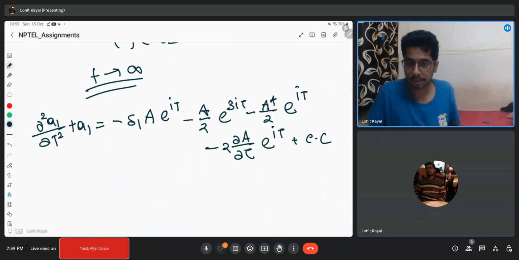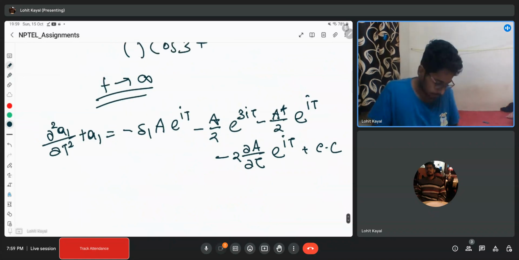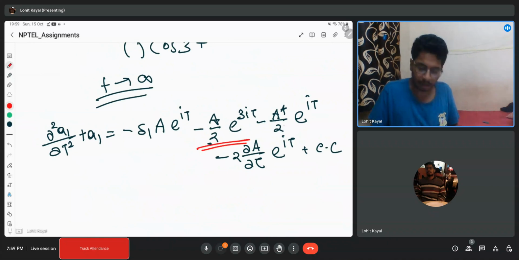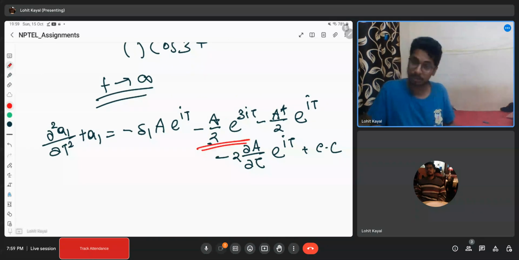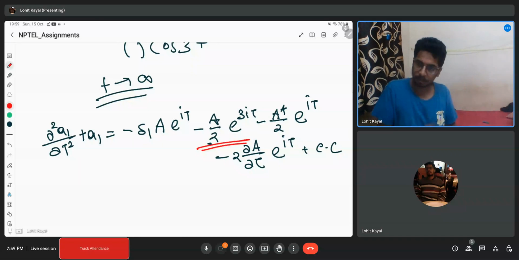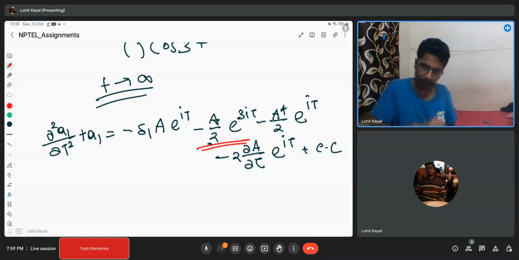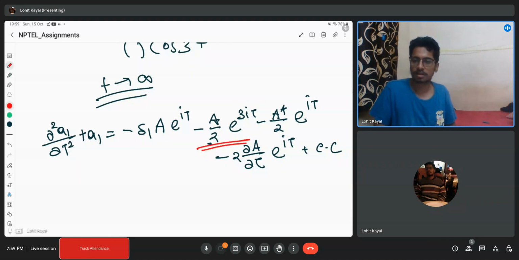Now see that this term is not problematic, but those terms containing e to the power i t are problematic. We have to remove them because that is an unphysical situation. It arises in the problem because we are expecting an oscillatory solution.